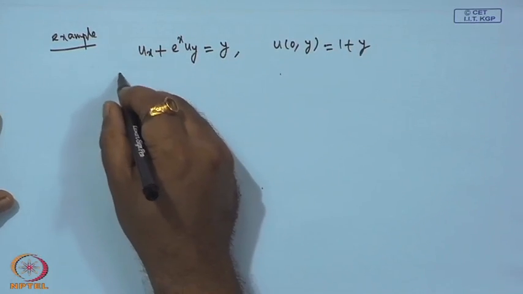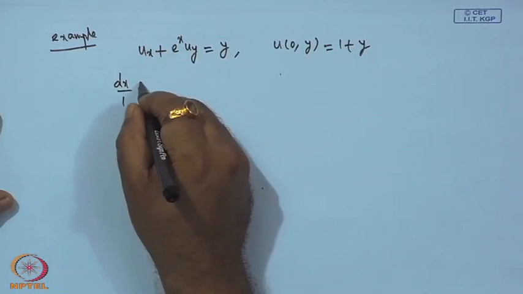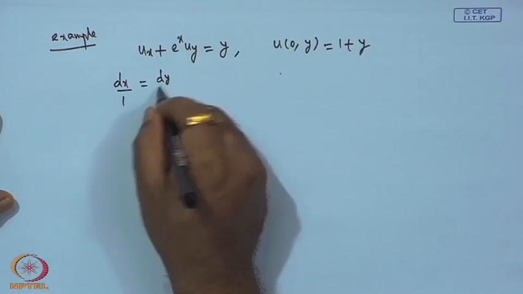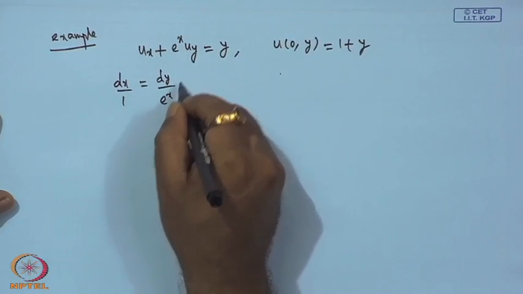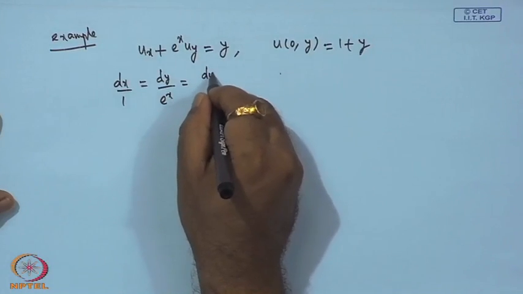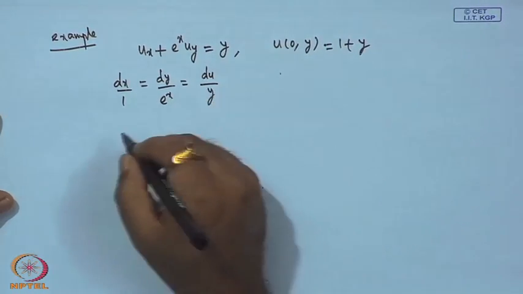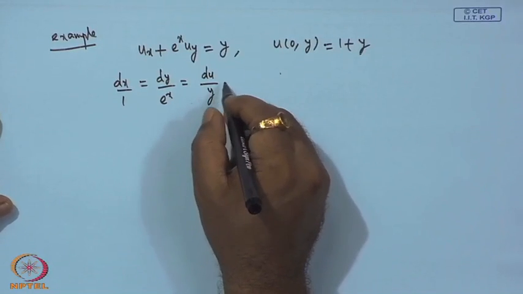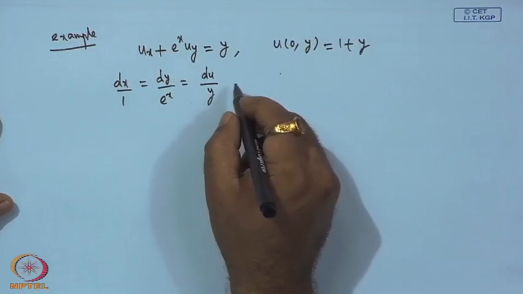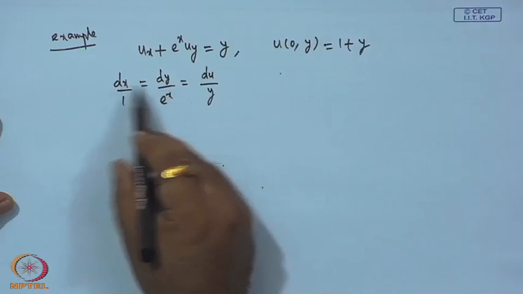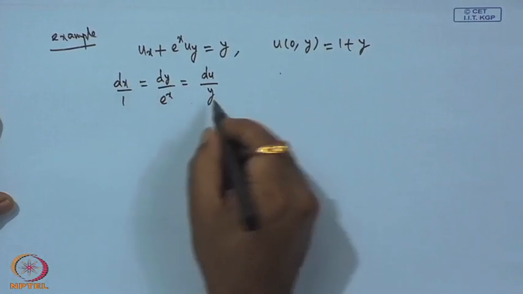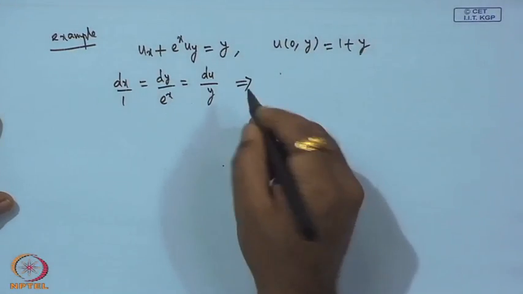So, let us see: dx by 1, dy by e power x, du by y. Now we can solve two of them, any combinations.